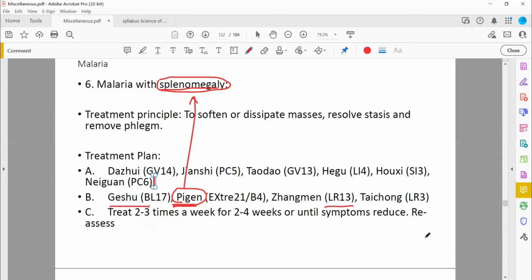Zhangmen is a special point too, right? That's the influential point of zang organs. Spleen belongs to the zang organ. And also this one is the front-mu point of spleen.